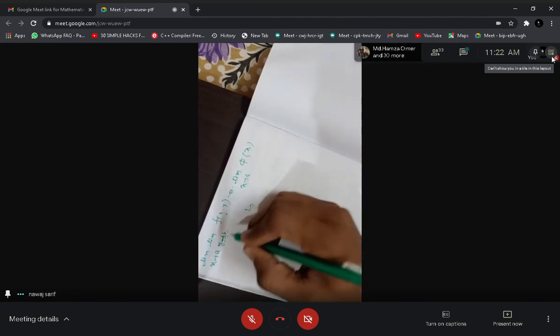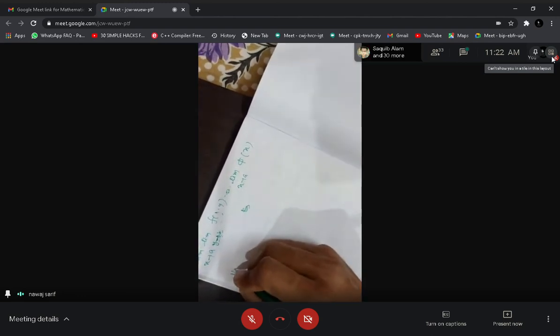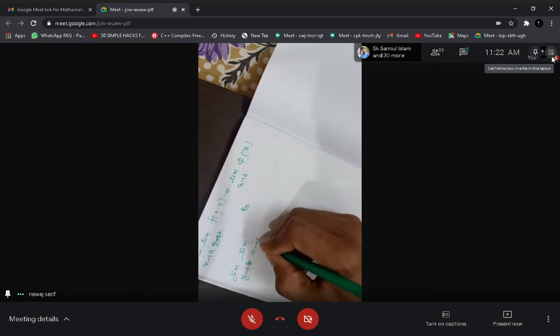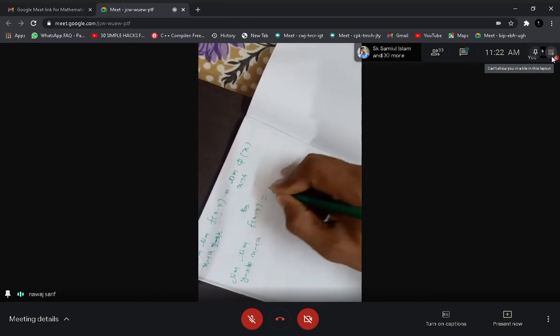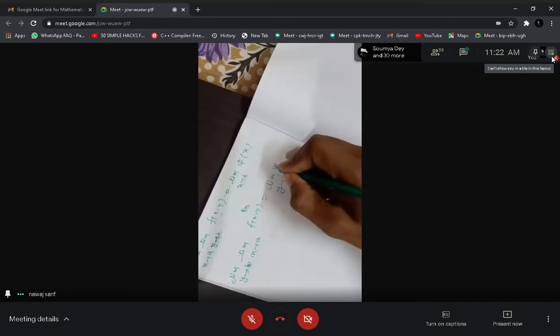When you apply the limit of y first and then the limit of x, this will be a function of x. You can also apply this type of limit the other way: first apply the limit of x tending to a of f of xy, then this will be the limit of y tending to b of psi of y.